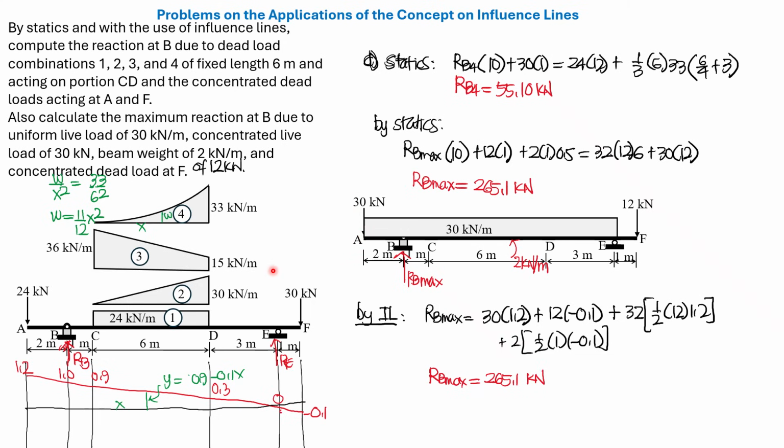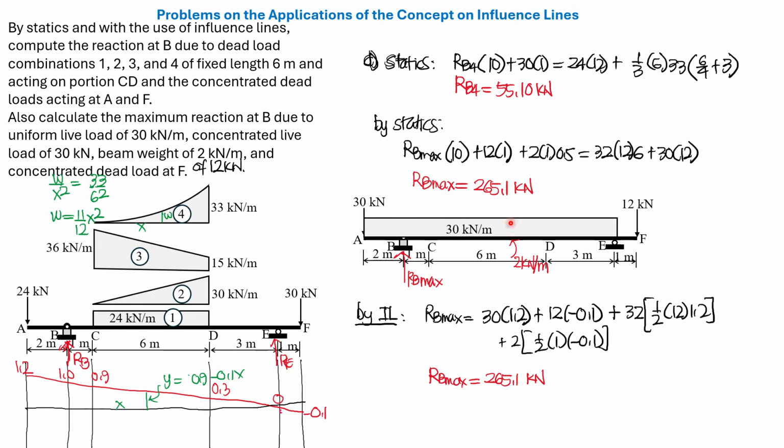And remember, we have the weight of the beam, 2 kilonewtons per meter. So summation of moment about E equals 0: RB max times 10 plus 12 times 1, then the moment of this overhanging end, which is dead load, 2 kilonewton per meter times 1 times 0.5, equals 30 plus 2.